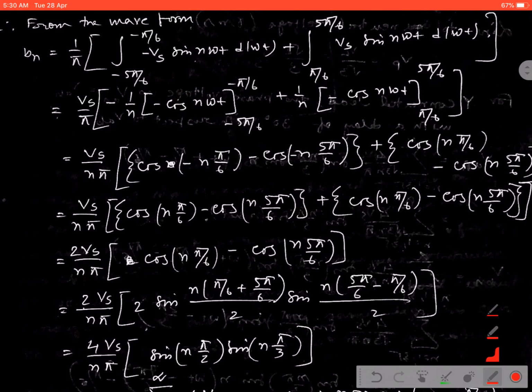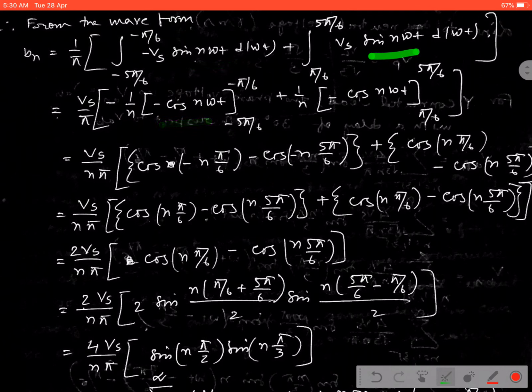So do one thing. See, in this equation, this is the negative part, due to the negative peak, and this is a positive peak. Integrating both sides, sine n omega t gives 1 by n times minus cos n omega t.